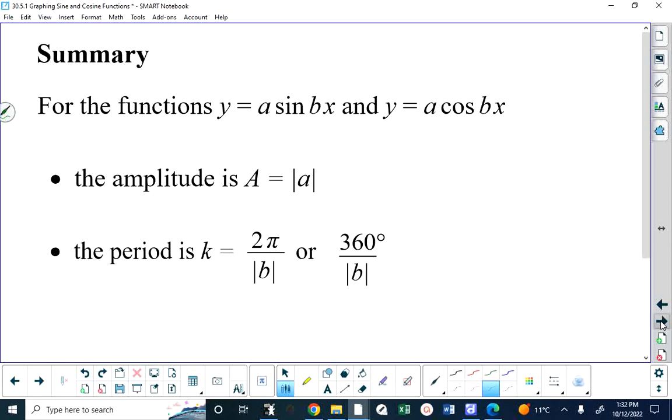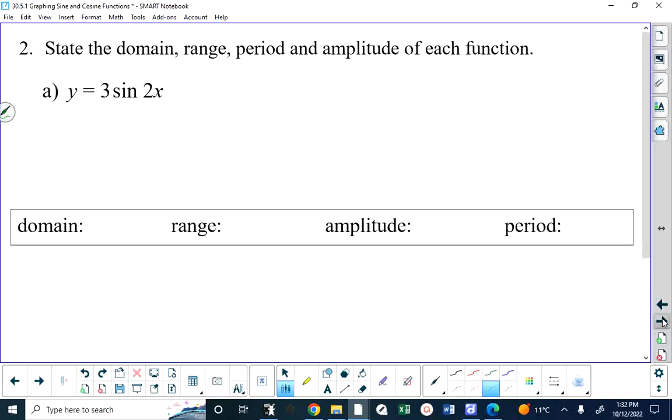Now we're just going to run through some very quick examples. So at the top of the next page, there's the summary. We shouldn't need to graph it all the time. You should be able to fill in these 4 blanks in under a minute or so. The only one that might require a little bit of thought is the period.